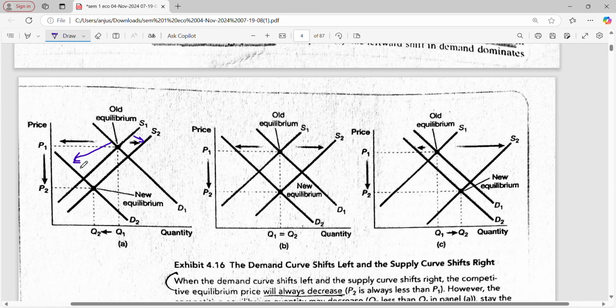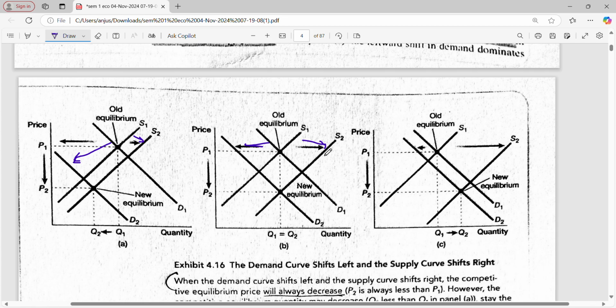When the demand curve dominates, the equilibrium quantity gets reduced. In the second graph, we can see both the shifts are equal, that is, Q1 is equal to Q2. Both are somewhat equal, which means no shift is dominating here.